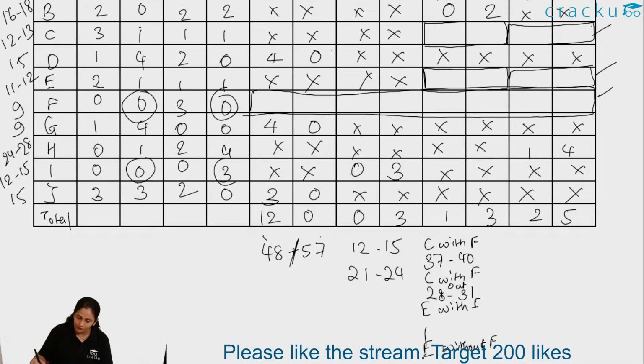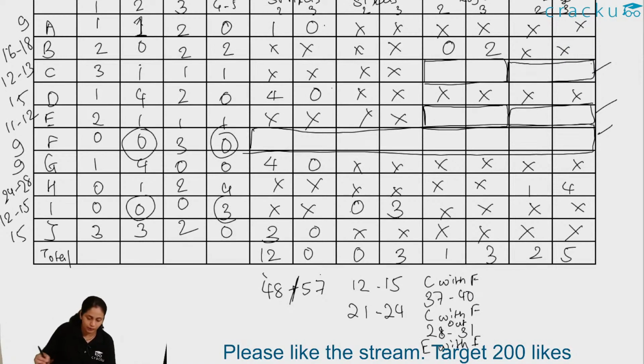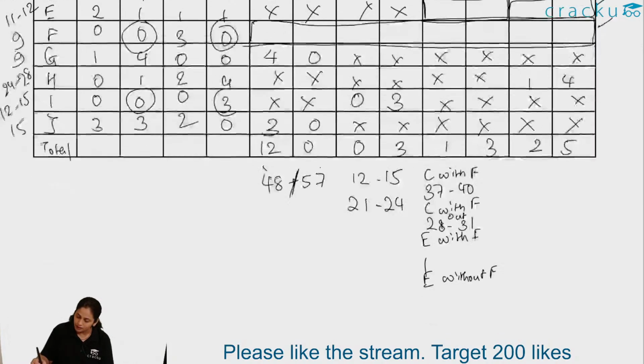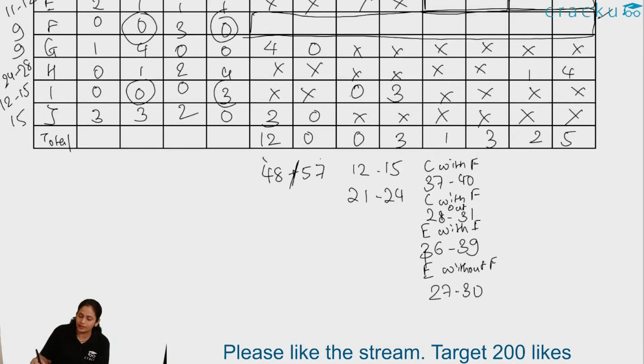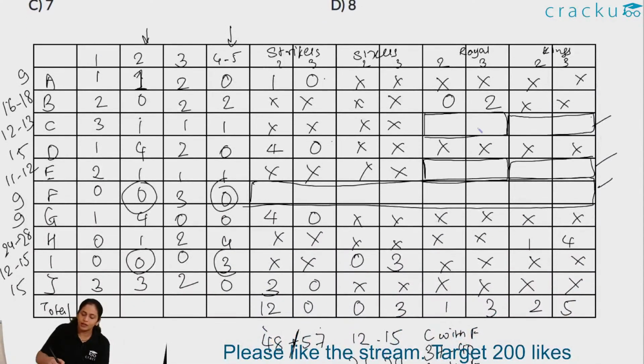If instead of C you have E without F, it is 27 to 30. If you have E with F, you have 36 to 39. Why do I have these values? If you're not understanding, basically in the case of royals you have either C or E, and you have F or you don't have F. F can be in any of the 4 teams.